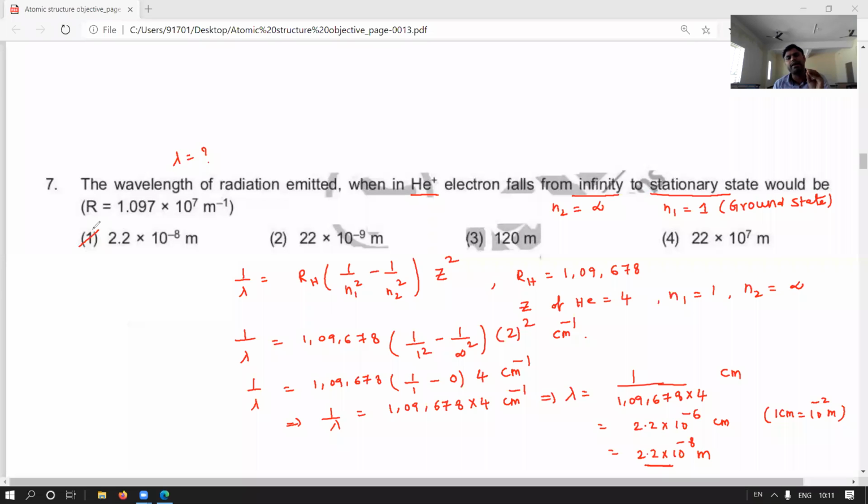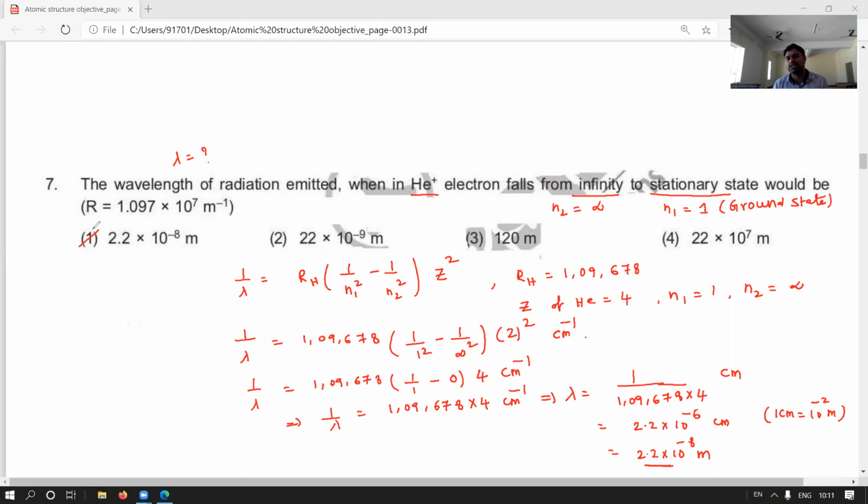So here the important formula is 1 by lambda is equal to RH into 1 by n1 square minus 1 by n2 square, into Z square. What is the n1 value? n1 is 1, n2 value is infinity. 1 by infinity square is 0. Keep that in your mind. Z value for helium is 2.